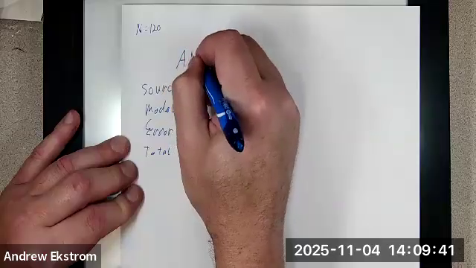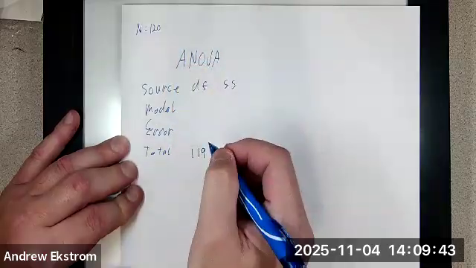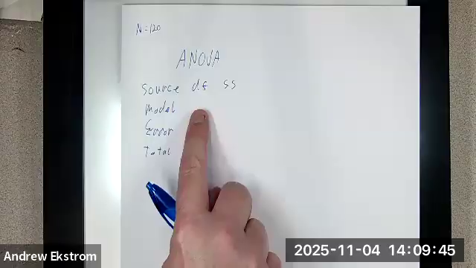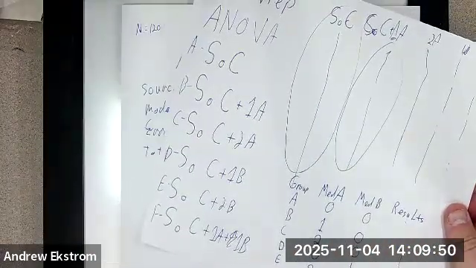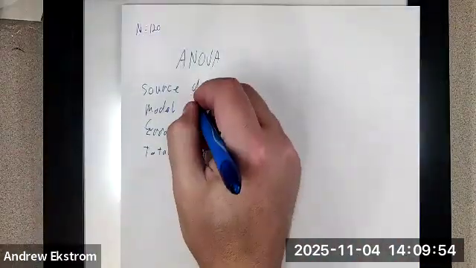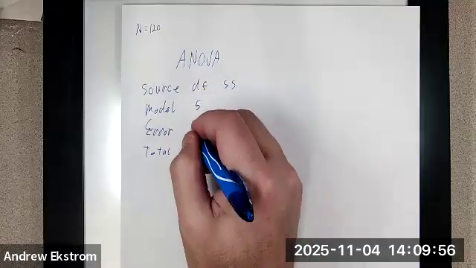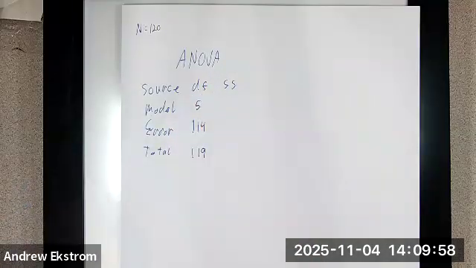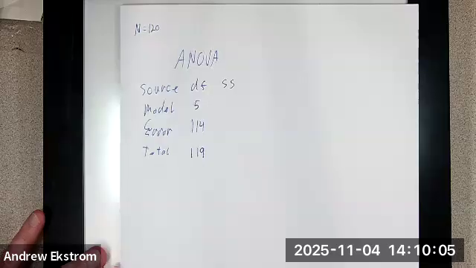If we're doing this ANOVA table with ANOVA, how many degrees of freedom do we get here? Well, it's the number of groups we have. So 6 minus 1. So we're going to have 5 up here and 114 in this group.